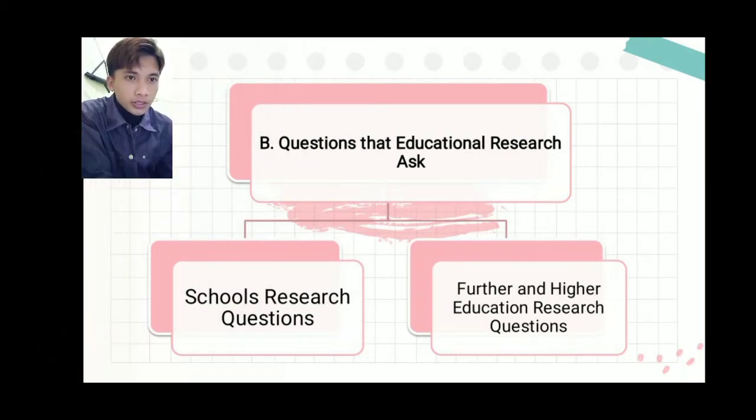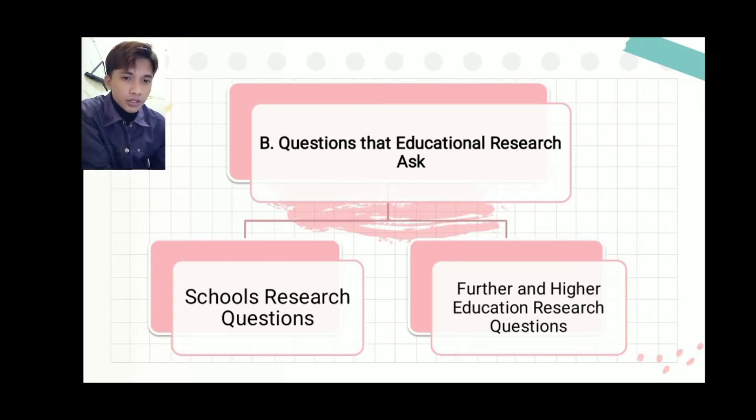Alright, the next material is questions that educational research asks. The first is the school research question. The example is, what are the underlying drivers of geographical differences in educational attainment?